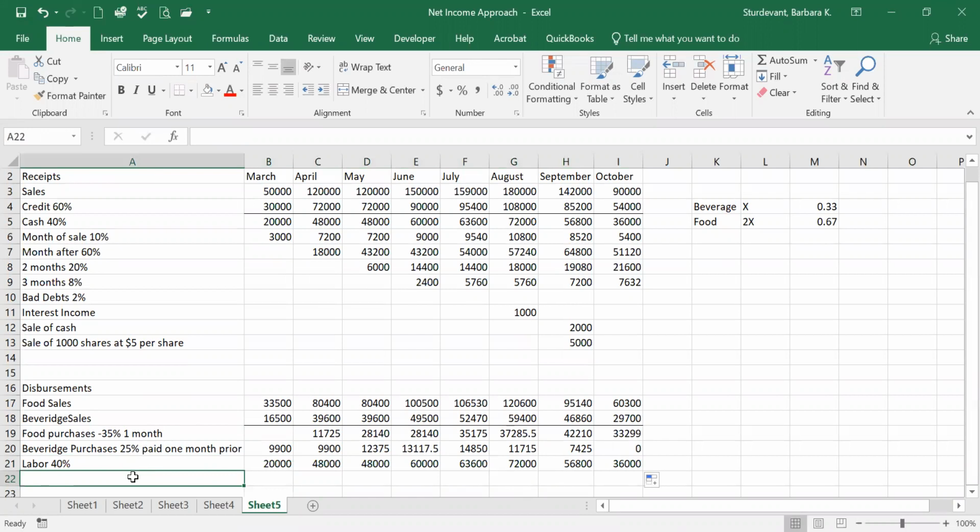Fixed expenses, and listen for this, except for insurance, depreciation, and taxes, are $8,000 a month.